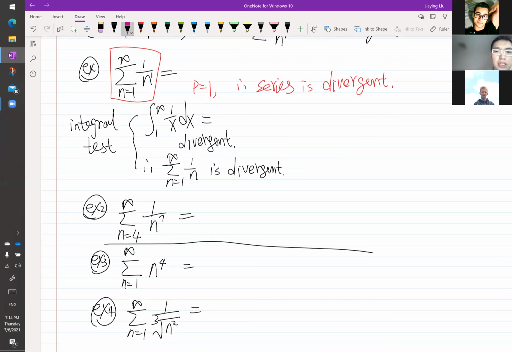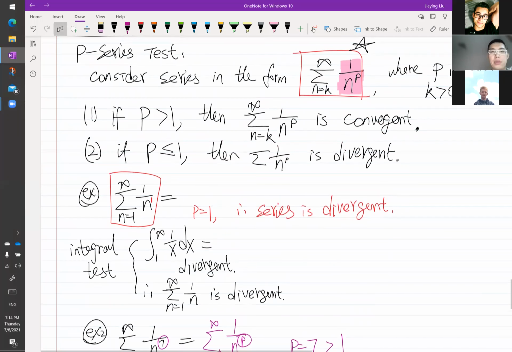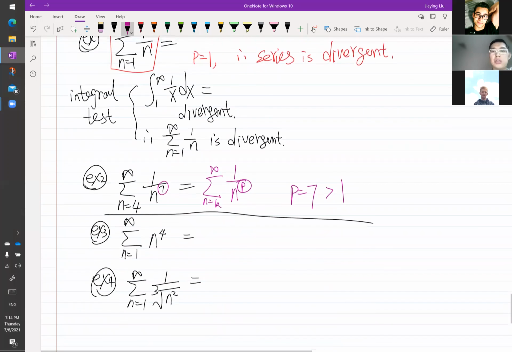It is. It's in the form of 1 over n to the p, with n going from k to infinity, and where p is 7. So p equals 7, which is greater than 1. According to the p series test, if it's greater than 1, it's convergent. So therefore, the series converges.